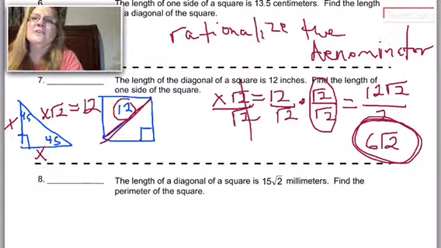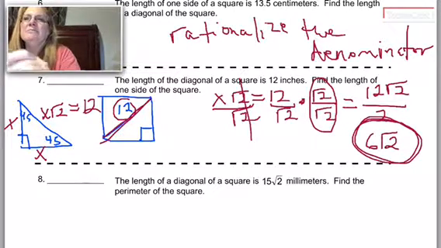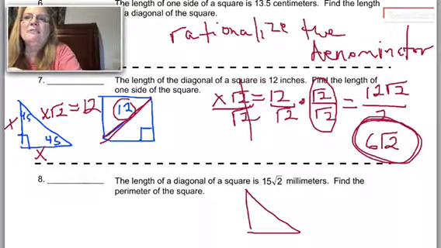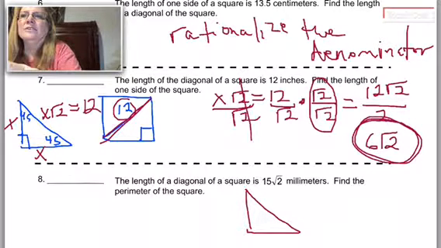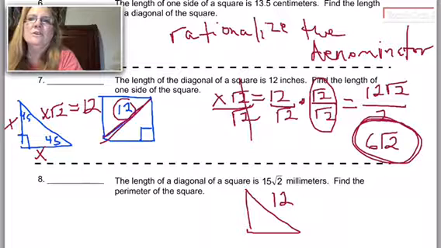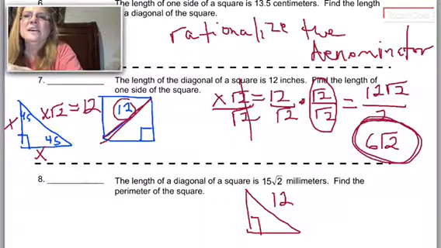Okay, now here's another pattern, and we mentioned it the other day. Anytime, I'm going to draw the picture here, anytime that you have an integer answer on the hypotenuse in a 45, 45, 90 triangle, the sides are half of that times the square root of 2.